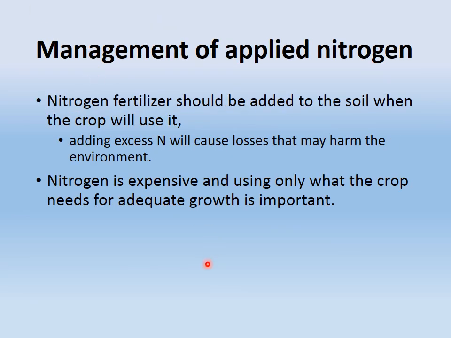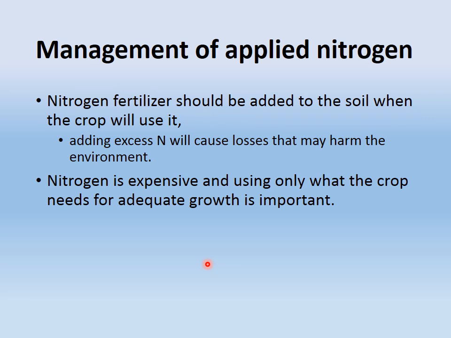The last thing that we are going to talk about for today is management of applied nitrogen. Nitrogen fertilizer should be applied in the soil when the crops will use it. Adding excess nitrogen will cause losses that may harm the environment. We've already talked about the various fates of nitrogen when it is applied into the soil.